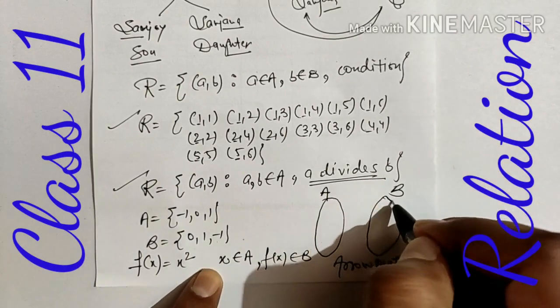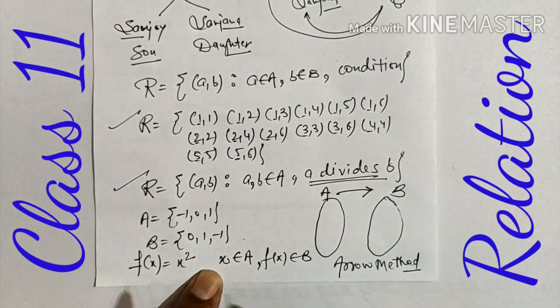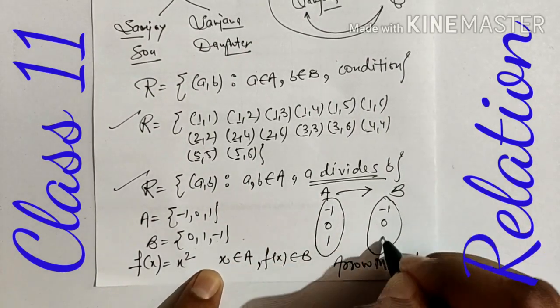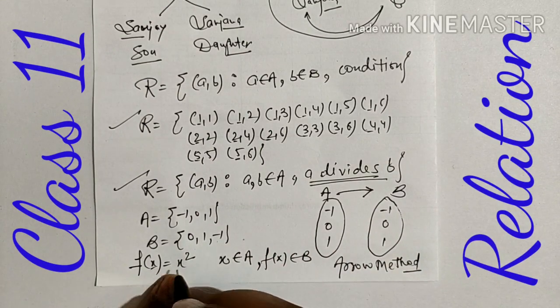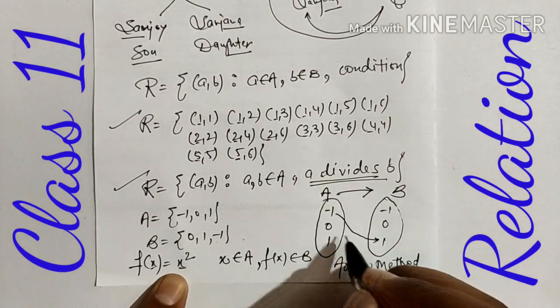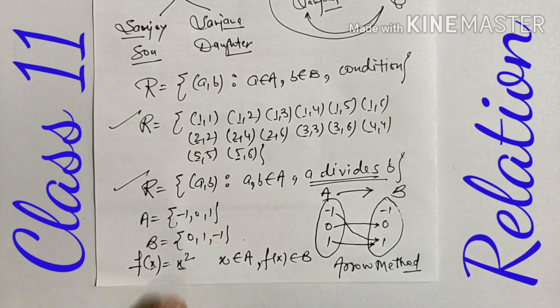First set is A, second set is B. There is a relation from A to B. Entries of A are -1, 0, 1, same for B. If we see the function, input is x, output is the square of x. If we use the value -1, after squaring it becomes +1, square of 0 is 0, square of 1 is 1.